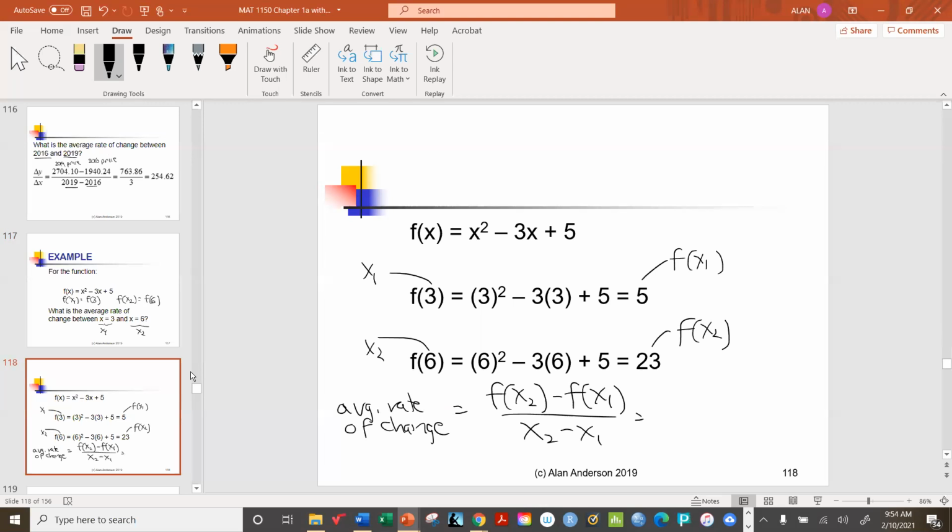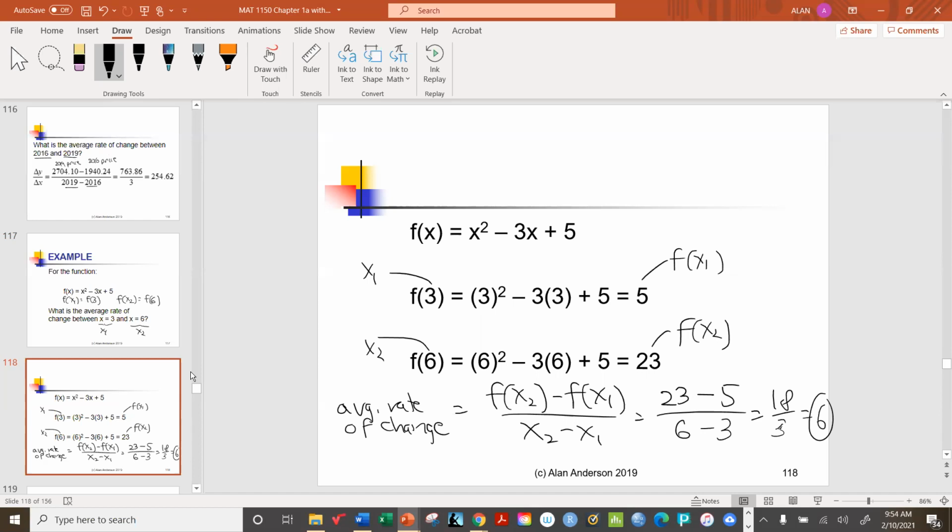We'll have in the numerator 23 minus 5. Down here we have the actual x's, 6 minus 3, 18 over 3, which is 6. And that's all you have to do. But you notice how this time we had to figure out for ourselves the values of the f of x's or y's as you want to look at it. Other than that, it's exactly the same procedure.